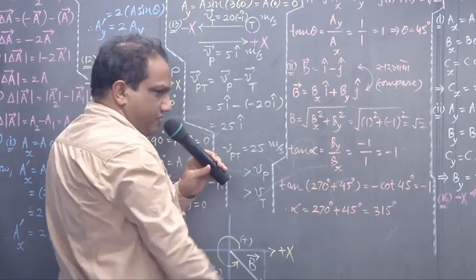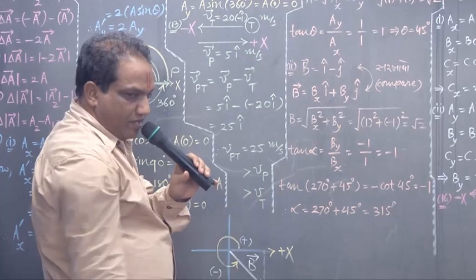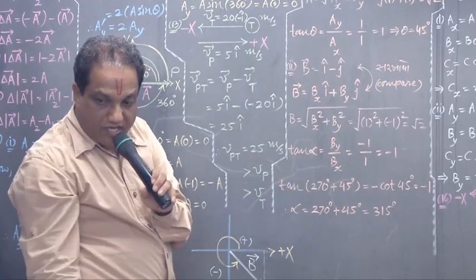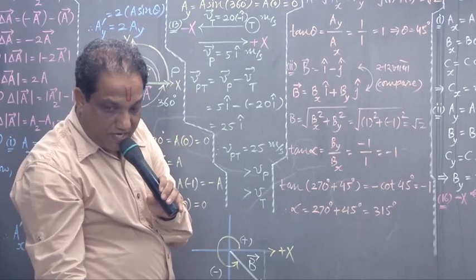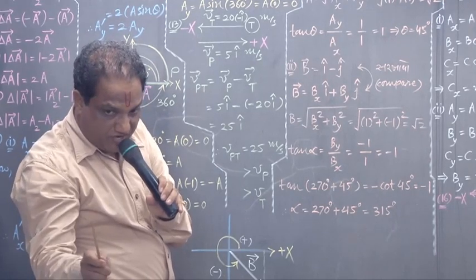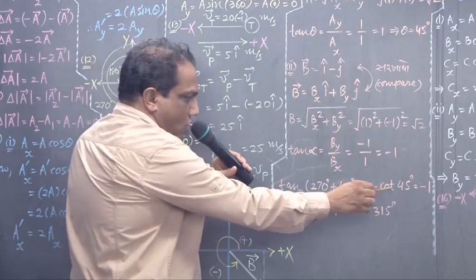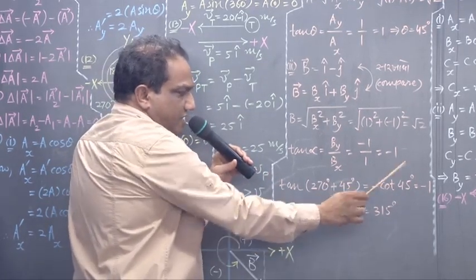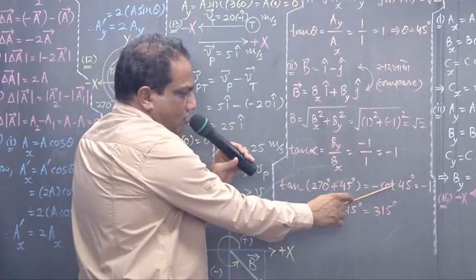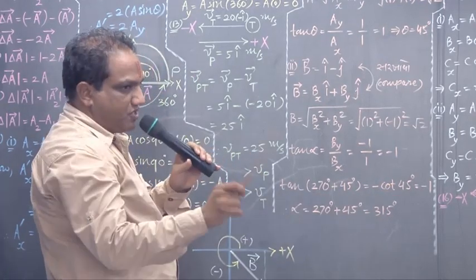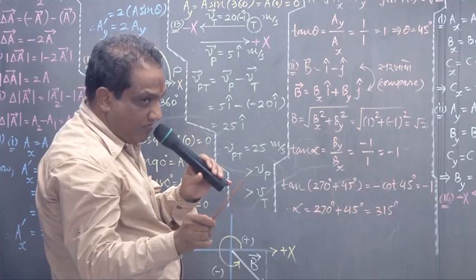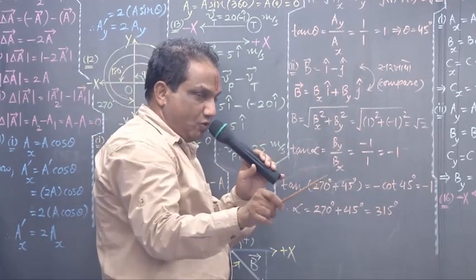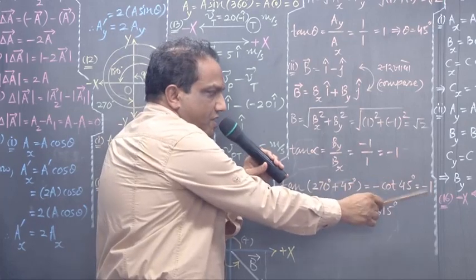Moreover, 270 degree means what? 3 into 90 degree. 3 is an odd number. Whenever the multiplier is odd, you must change the function from tan to cot. So it is minus cot 45 degree. Now cot 45 degree means cos 45 degree divided by sin 45 degree. So it is minus 1 upon root 2 upon 1 upon root 2, it will be minus 1.